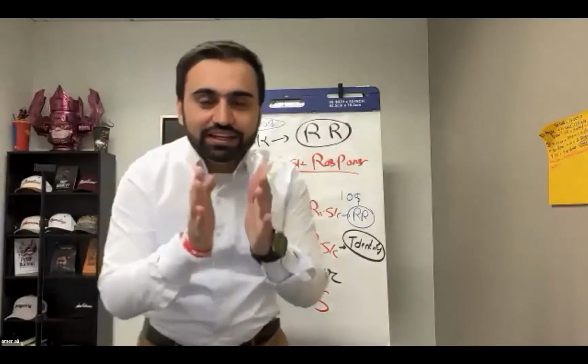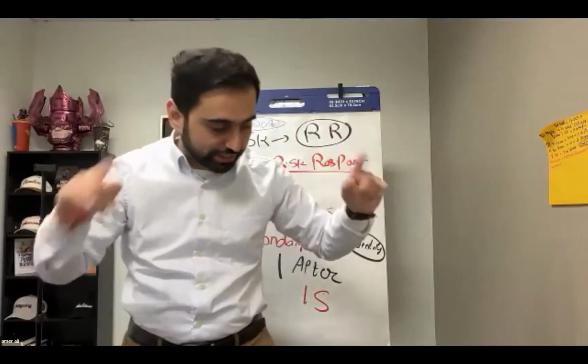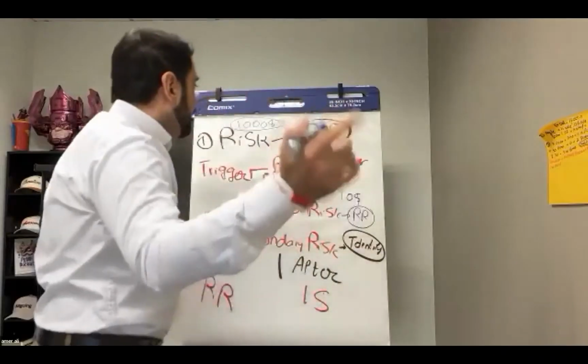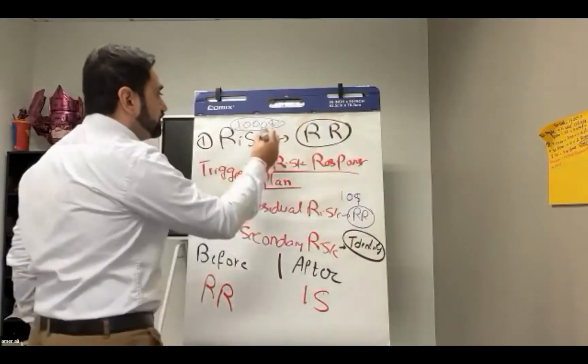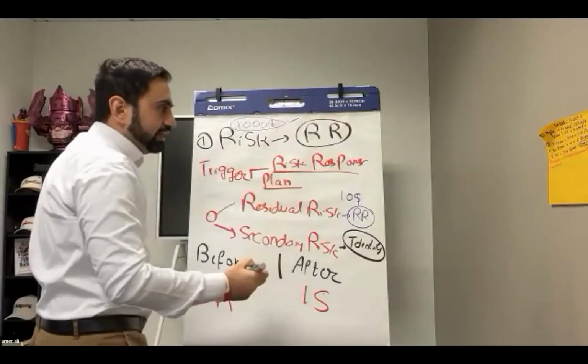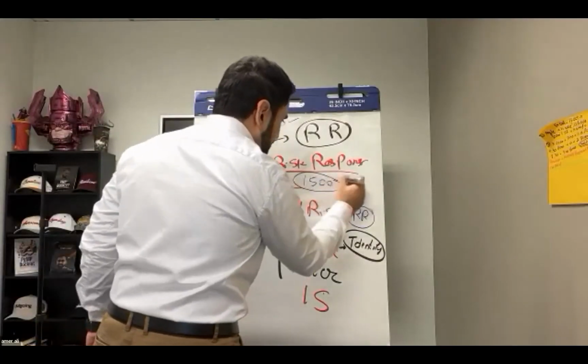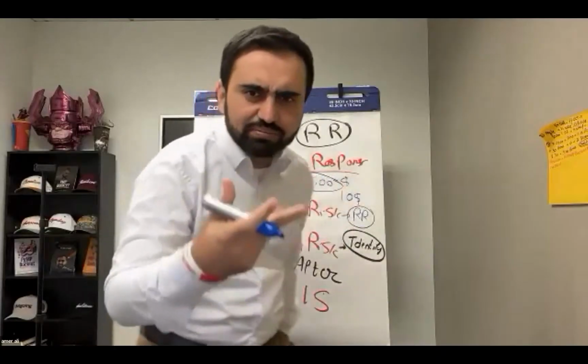So far, anyone that is not clear about it? This risk area is clear to everyone. Now comes the problem. Nawab, what you are saying is, I planned for $1,000, but when I implemented the risk response, it actually became 1,500. Something like that, right, Nawab? It became a bigger risk.